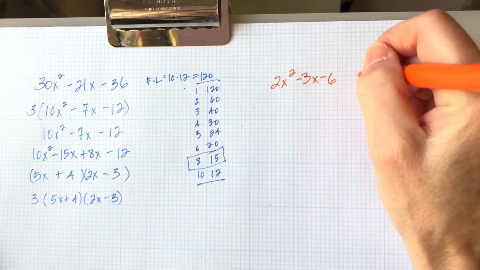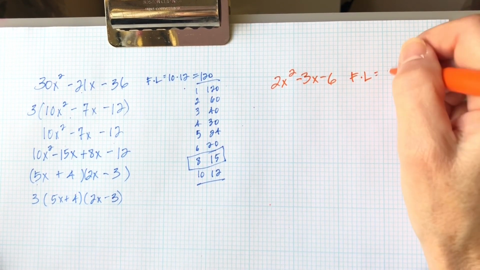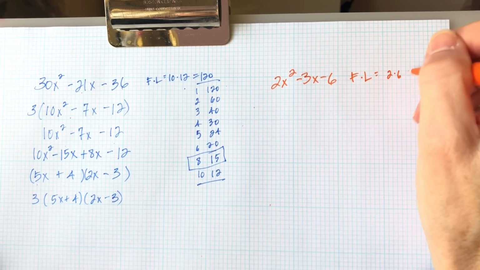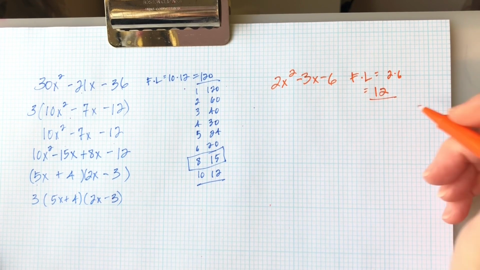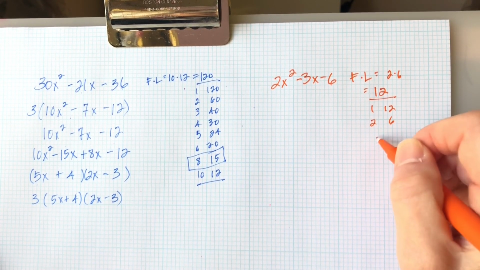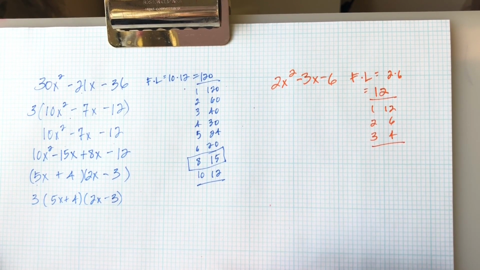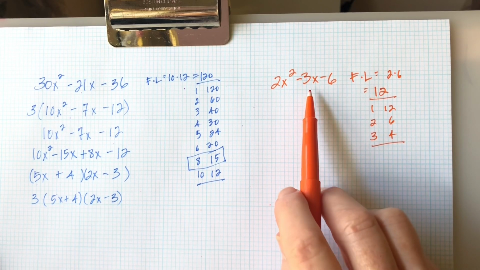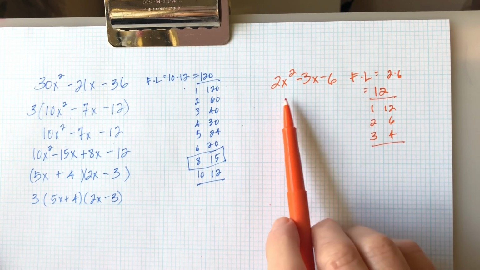And first times last is going to be 2 times 6, which equals 12. So the factors of that, 1 times 12, 2 times 6, 3 times 4. 4 works, but it's a repeat, so that's our complete list. Now we look to see, do any of these have a sum or difference of 3? No, they don't. So this is not going to factor.